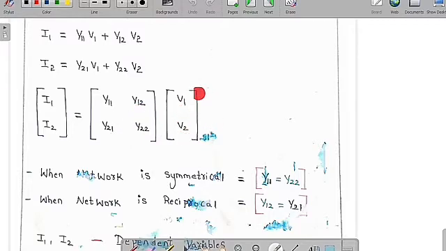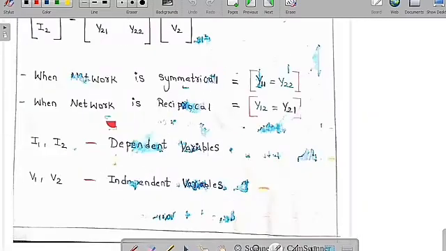Here V1, V2 are independent variables, whereas I1, I2 are dependent variables. If you know Z, you can easily find Y, because Y is always Z inverse, or Z is Y inverse, since both are inverse matrices.